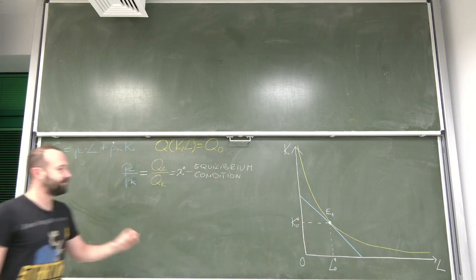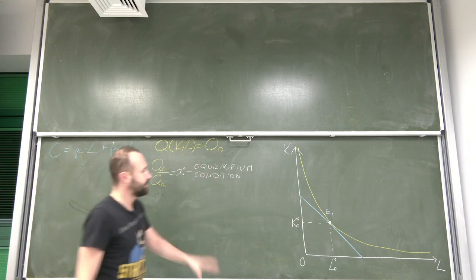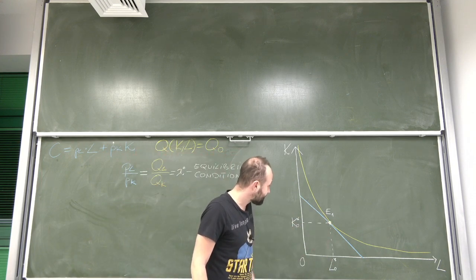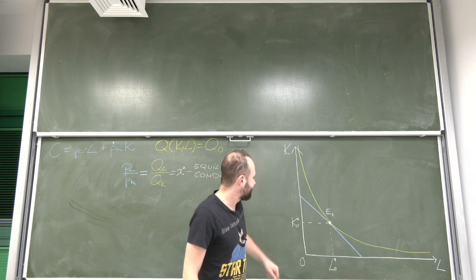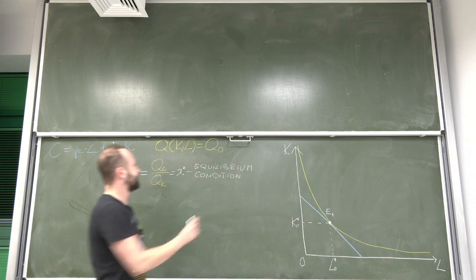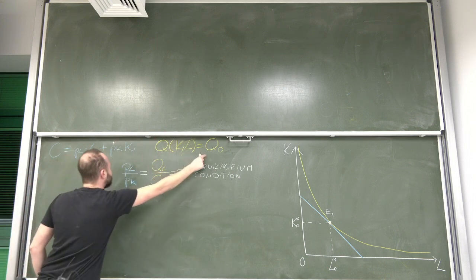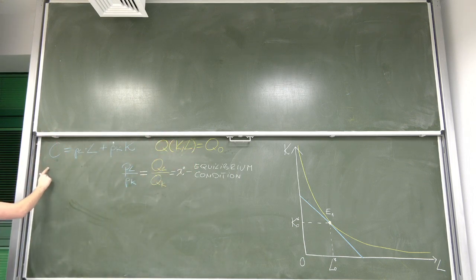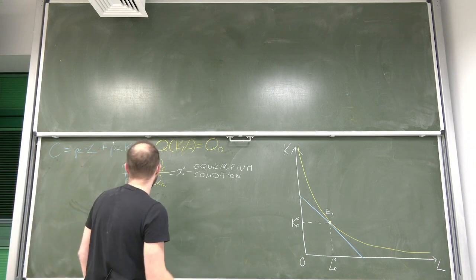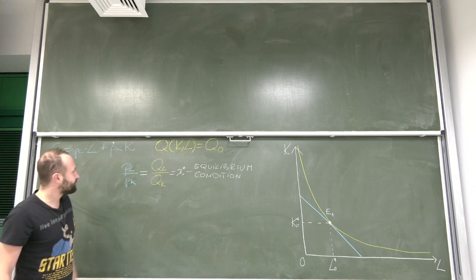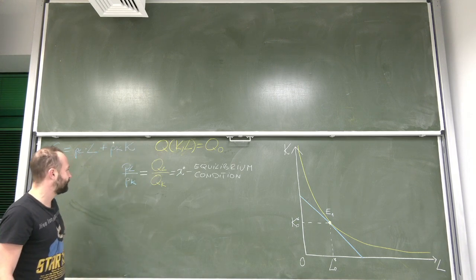Only at the point of tangency, right, we are getting the labor and capital that should be used in a specific combination in order to produce this amount of output at minimum cost. When we use the first order condition, we've calculated that this is the equilibrium condition.